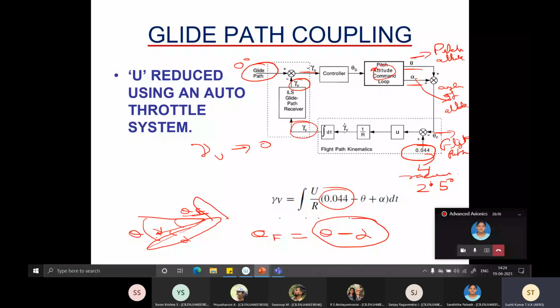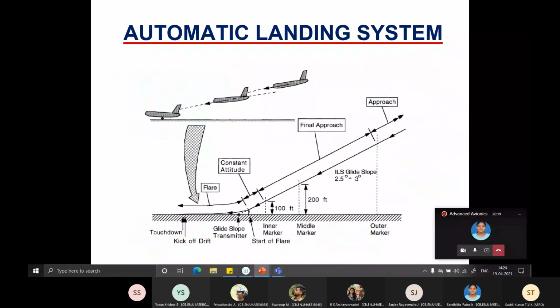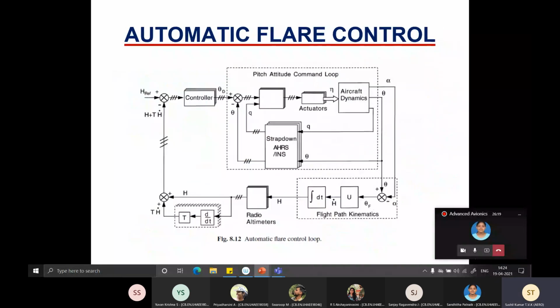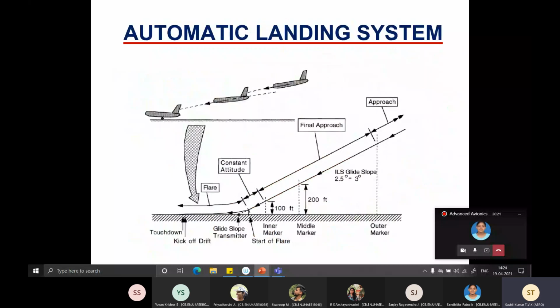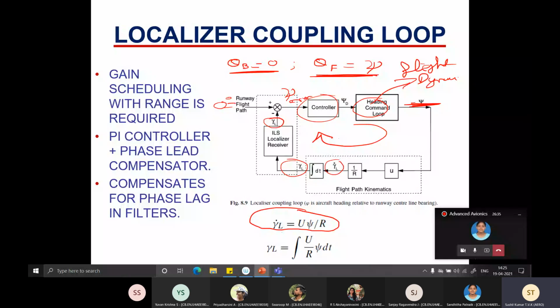Sandita, in this, oh, sorry. What do you think is going to be the problem in this localizer autopilot based on this equation? Or anyone from the class?